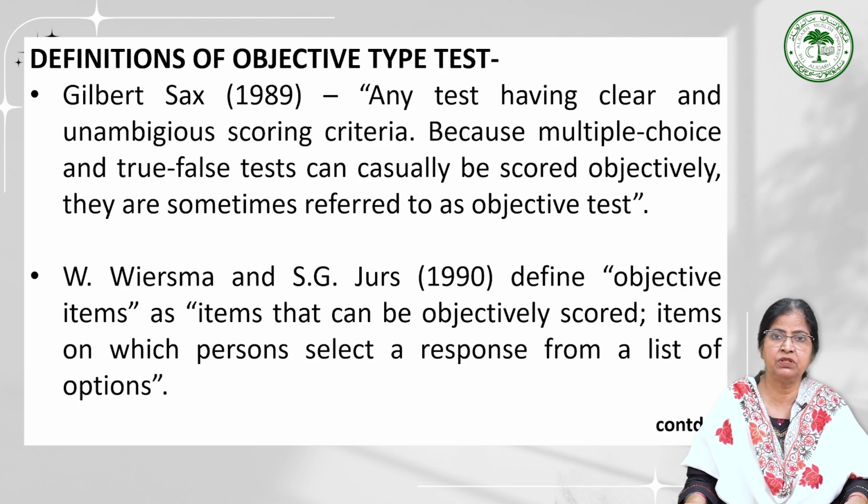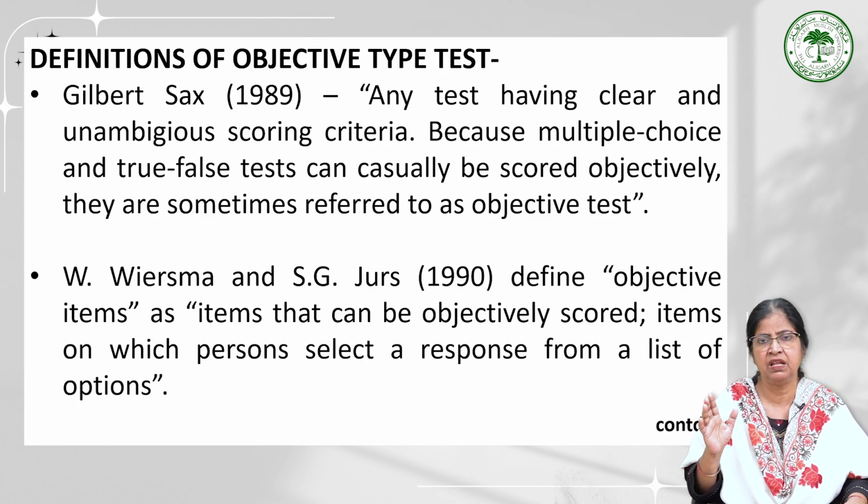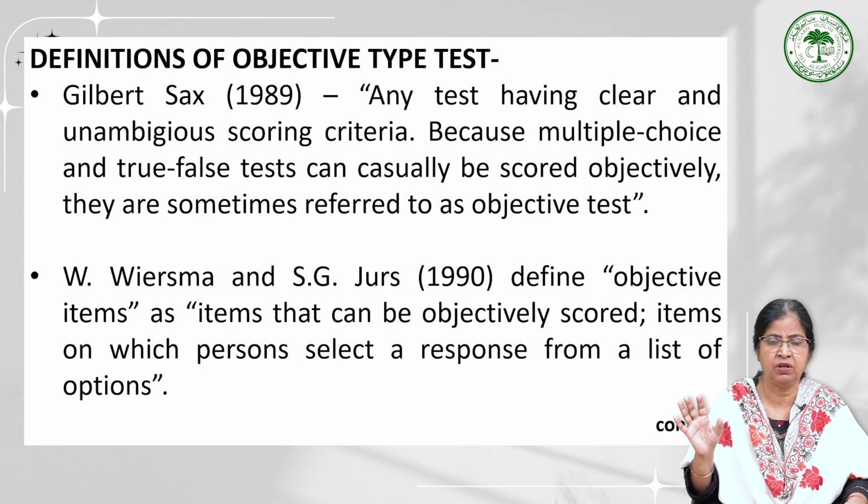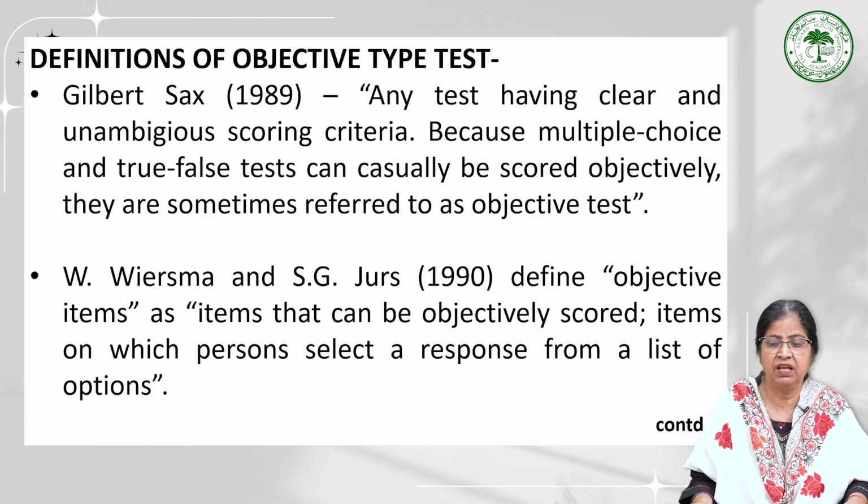Clear and unambiguous scoring means that if the answer is correct, one mark will be given; if the answer is wrong, zero marks. The instructions are very clear for the scoring procedure, and the answer to that particular question is the same for all examiners.